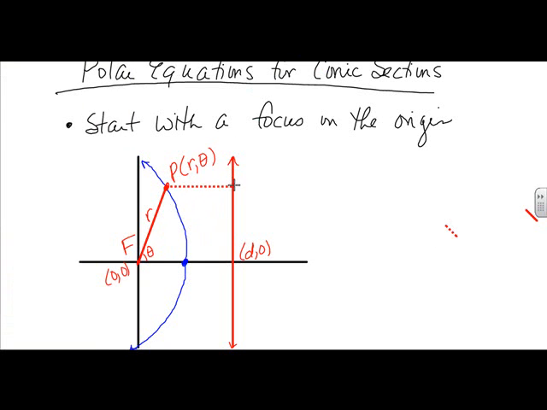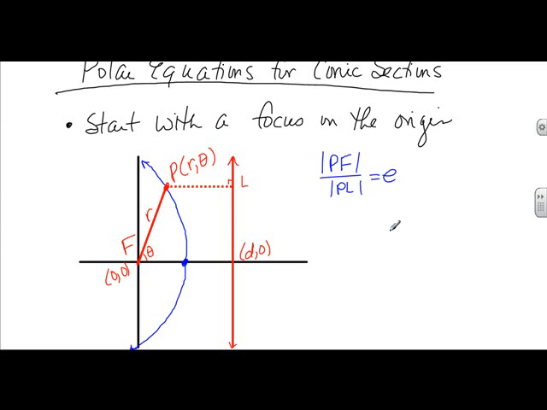So we're still talking about a perpendicular distance there. That's L. Alright, and the absolute value of PF over the absolute value of PL has to equal the eccentricity. Okay, and again, P is the point r, theta.